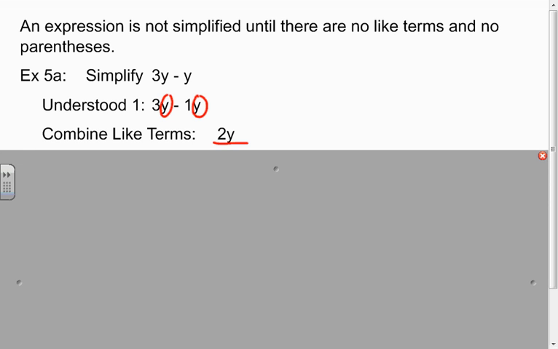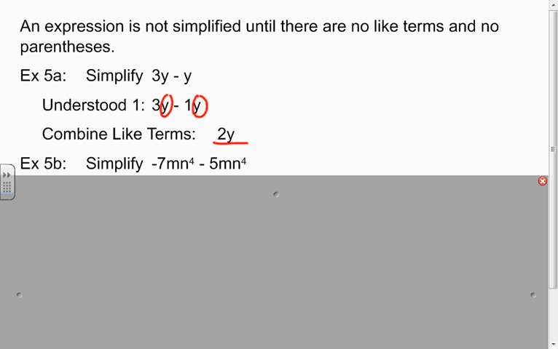Another example, simplify negative 7 mn to the fourth minus 5 mn to the fourth. They are like terms because the variable parts are exactly the same. So I can look at the numbers. Negative 7 minus 5.